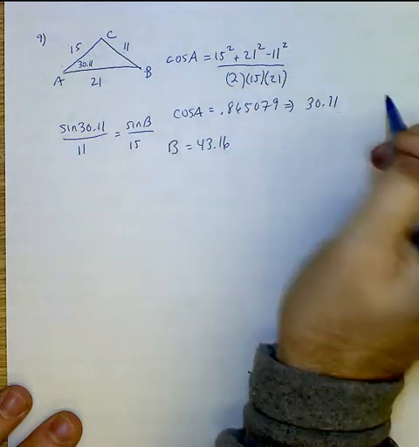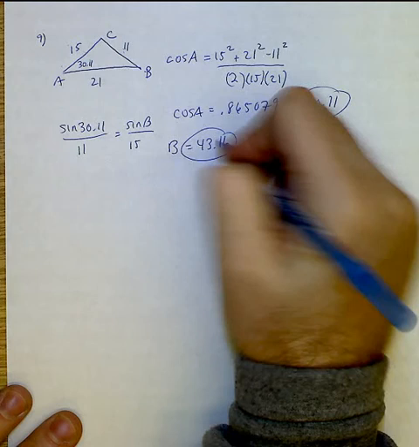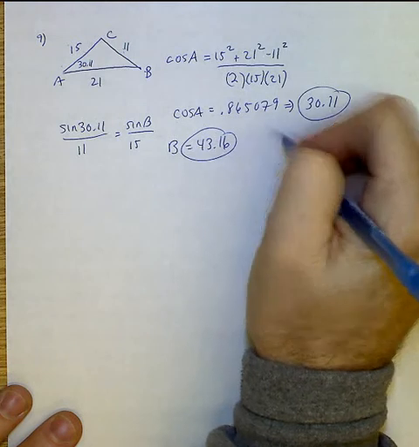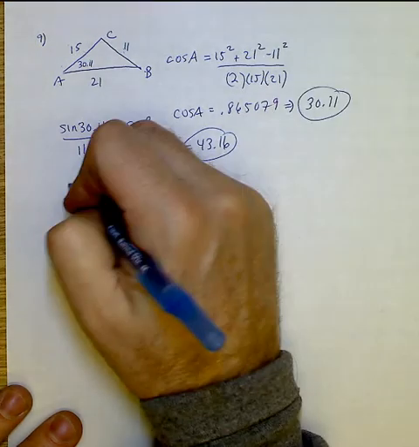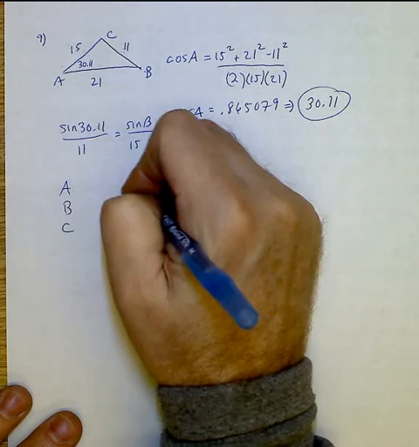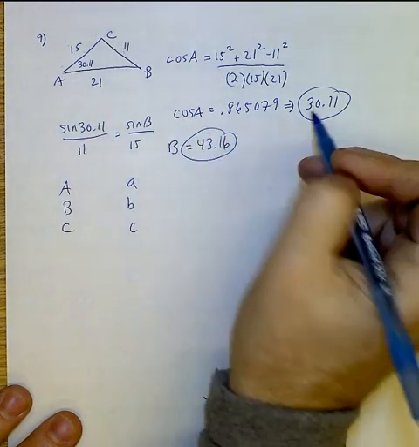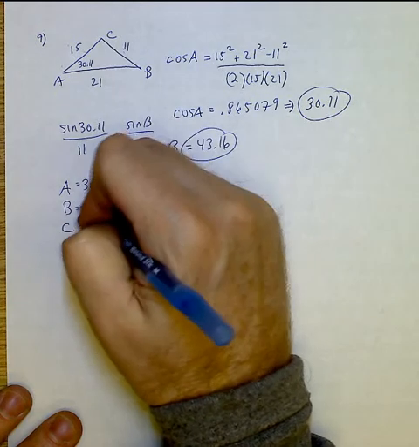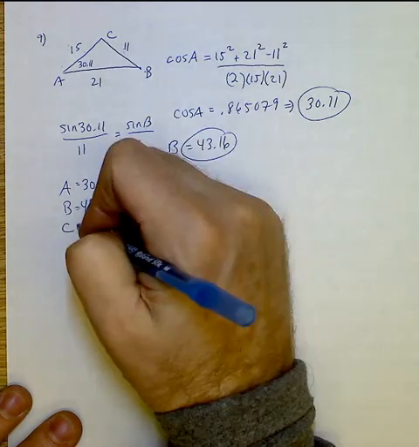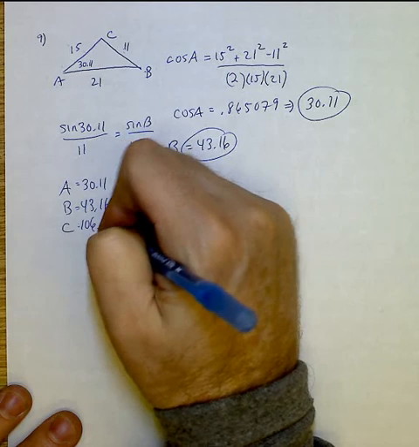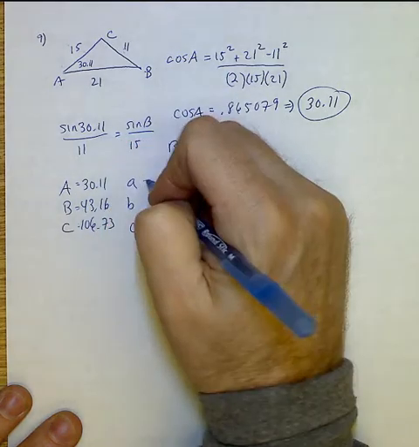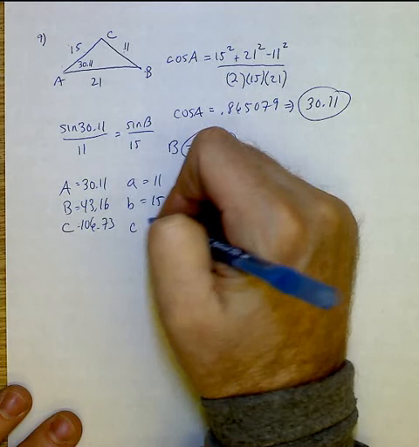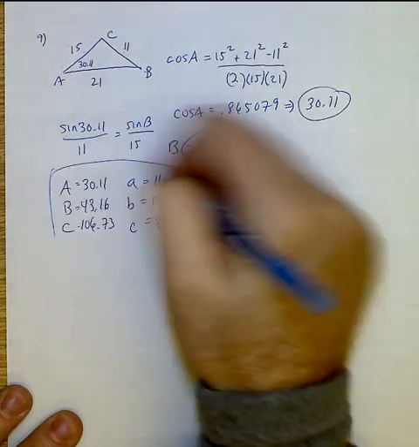And now that I have angle A and angle B, I just use 180 minus these two for angle C. And so when I solve my triangle, angle A is 30.11, angle B is 43.16, angle C was 180 minus those two, or 106.73, and you were given the three sides, so you're basically done. That's how you do number 9.